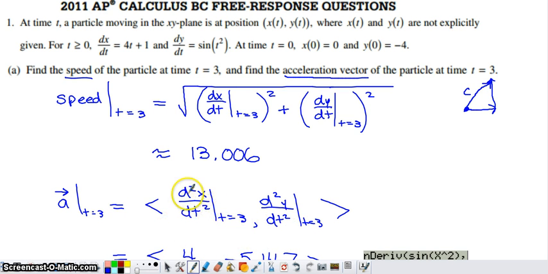The second derivative of the x coordinate of position is going to be the x component of acceleration. The second derivative of the y component of position with respect to time is going to be the y component of acceleration. So if we take the derivative of this and evaluate it at 3, we're going to have the x component of acceleration. Similarly, the derivative of this evaluated at 3 is going to give us the y component of acceleration.